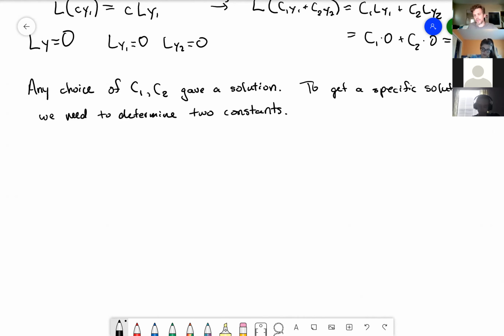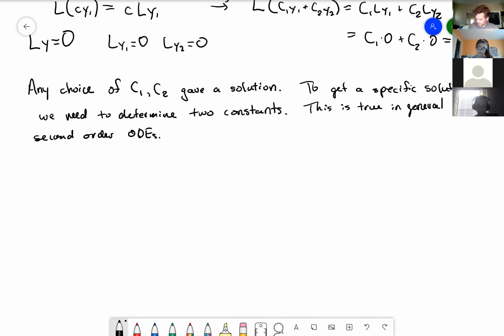Just like in the first order case, we need to determine one constant. In the second order case, we need to determine two constants. And we saw this from the homogeneous case, but this is true in general for second order ODEs.